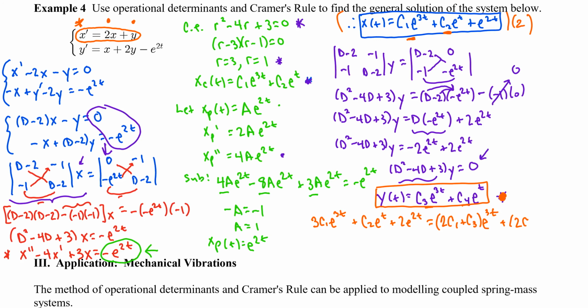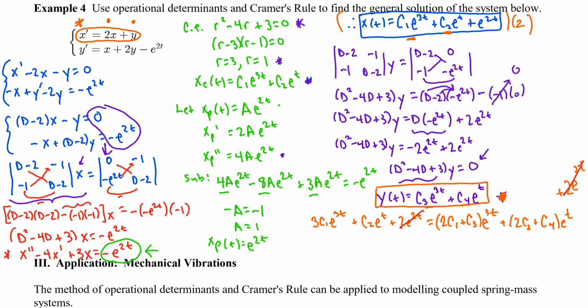We had 2c2 plus c4 e to the t, and our last term, 2 times x plus y, we end up with a plus 2e to the 2t out here on the end. Okay? Notice if I subtract that 2e to the 2t from both sides, that's going to cancel.